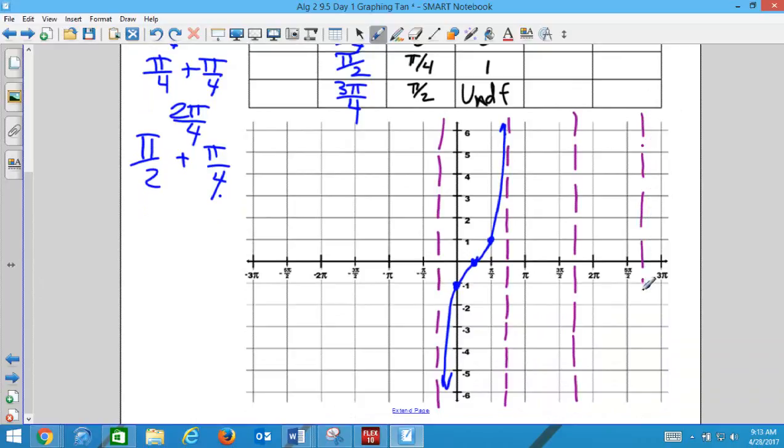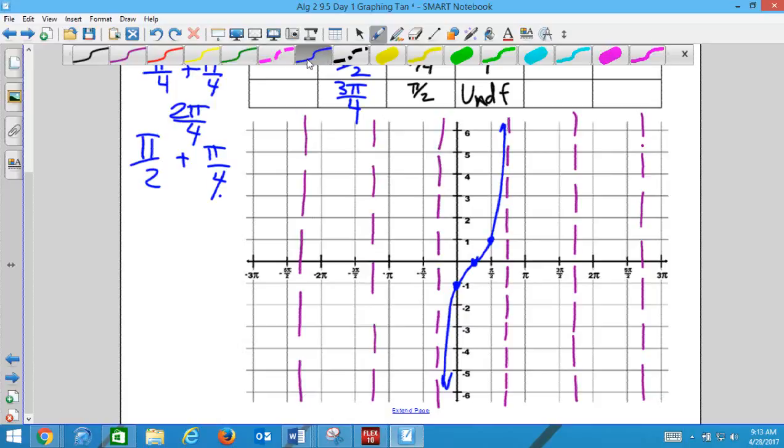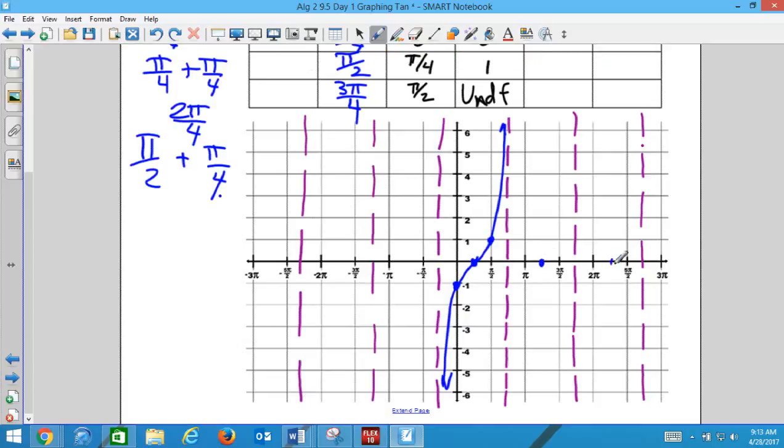Did you have the 1 and negative 1 switched? Yeah. That happens. So I'm just following my pattern. I'm putting that center dot right in the middle of those asymptotes.